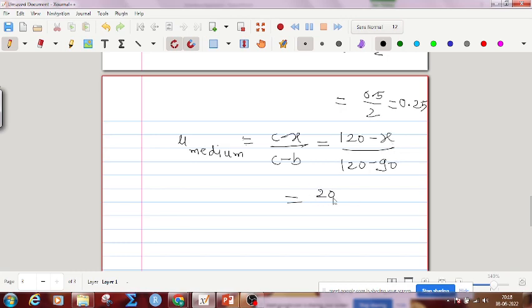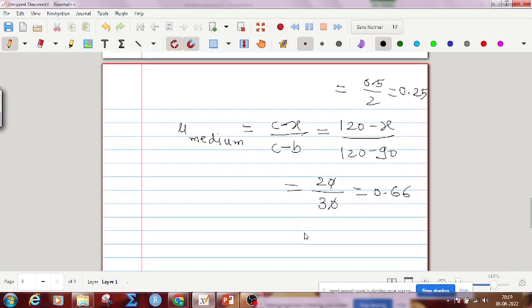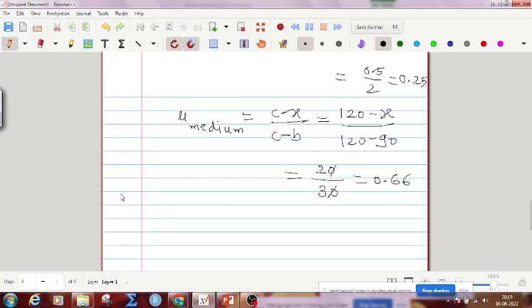So this is 20 divided by 30, since 120 minus 90 gives 30. This is equal to 2 by 3, which is 0.66, correct? Is it correct? Yes, ma'am.